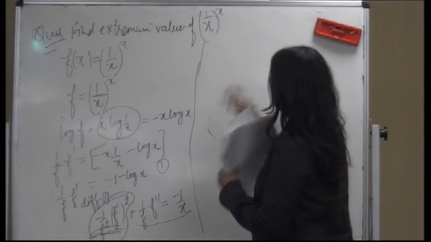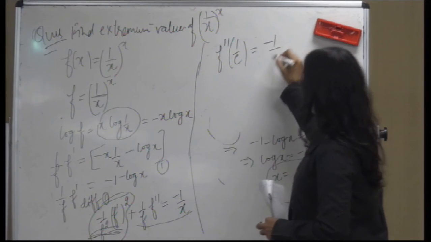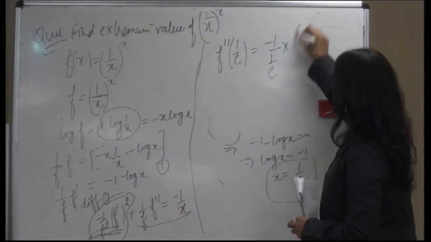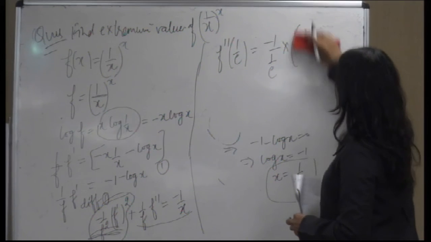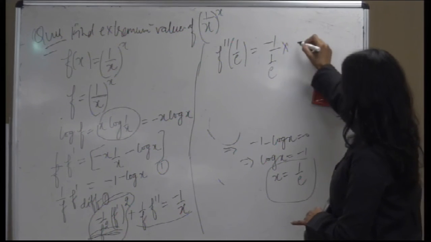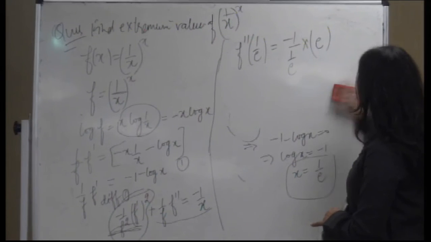It means f double dash at 1 by e is basically 1 by e into 1 by f. F is 1 by x, so 1 by x will be e only, and x will be 1 by e.